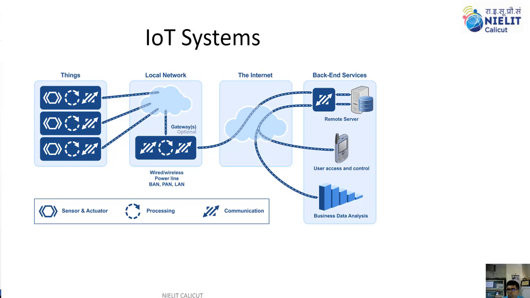It will generally be connected to the local network, Wi-Fi, Zigbee, LoRa, or industrial networking, etc. It may be wired, wireless, power line, etc. And then there will be an associated gateway, and through this gateway it will be transferring to the internet, and the servers and the remote environment will be available, so that a dashboarding solution will be available. People can access the things remotely. So this is a good networked embedded system application, and it is popular in modern scenarios.